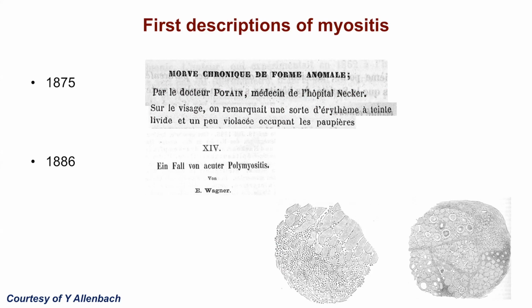And then the first time polymyositis was used was also at the end of the 19th century by a German guy. At that time, photography didn't exist, but he could draw what he saw on one of the first microscopes. And you can see here the inflammatory infiltrates within the muscle.